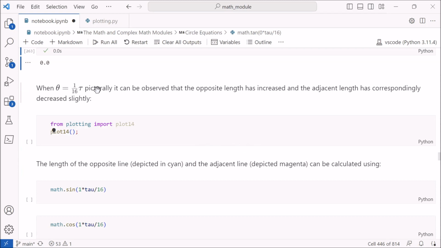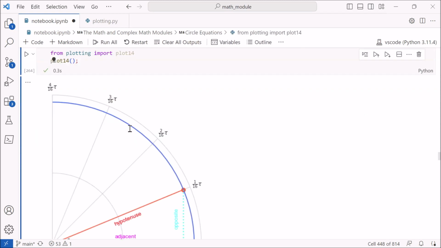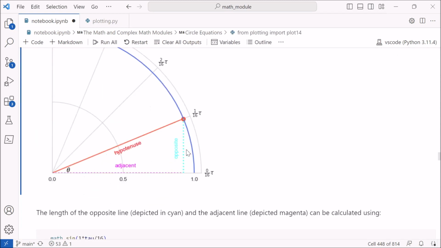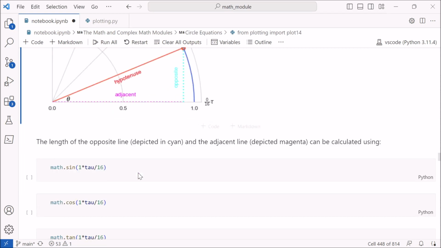Next, let's have a look at that theta being 1/16 tau. So notice what's happened is this has moved up, this has got smaller, and this has got bigger. So now this should be non-zero and this should be smaller than 1.